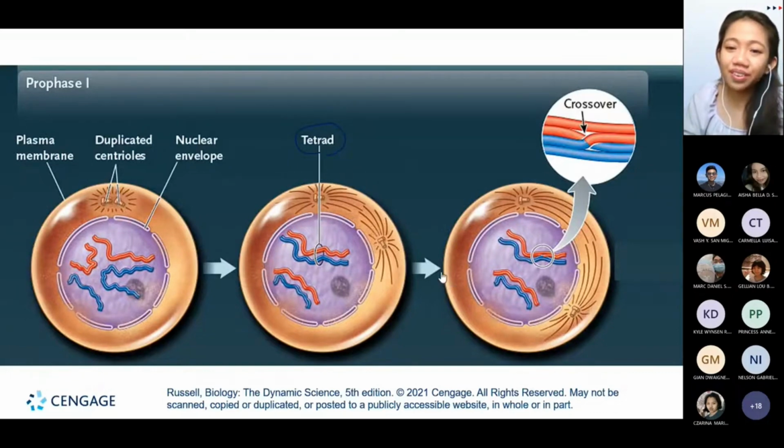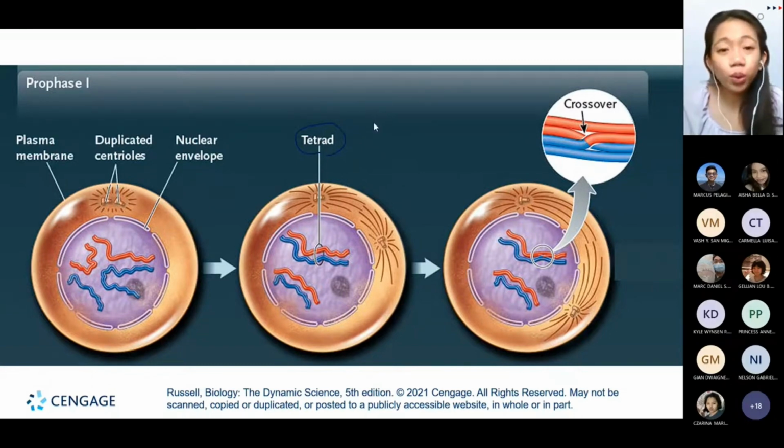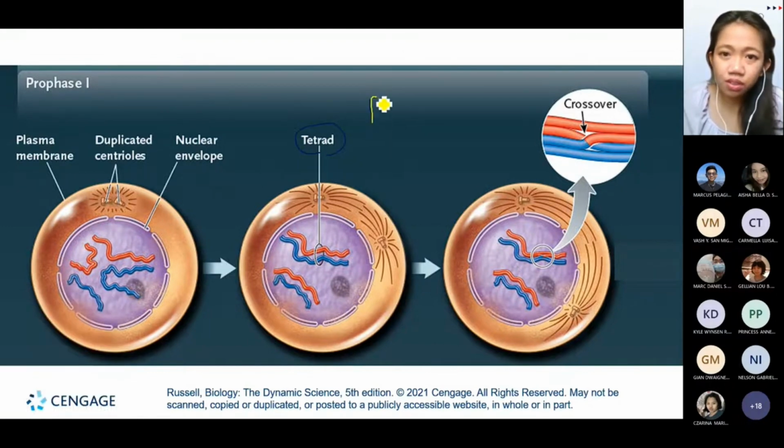Ayun, tetra po pala. Okay lang yan. Tetrahedral, 4. Okay, sige, balik tayo. So, ano yung 4 doon? Yung chromatids. So, if we draw this, 1, 2, 2 chromatids, and then isa pa.